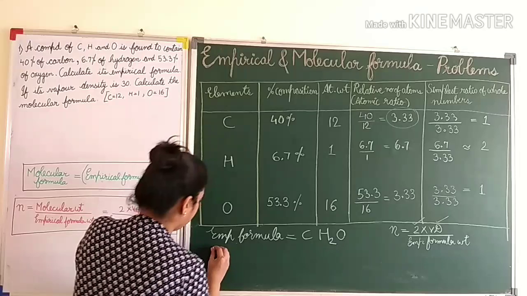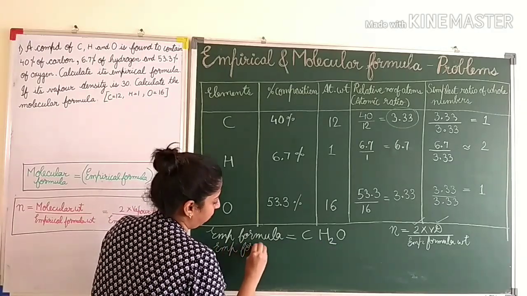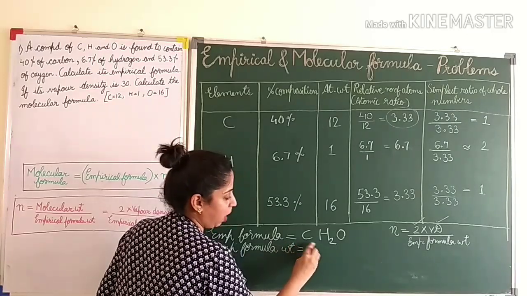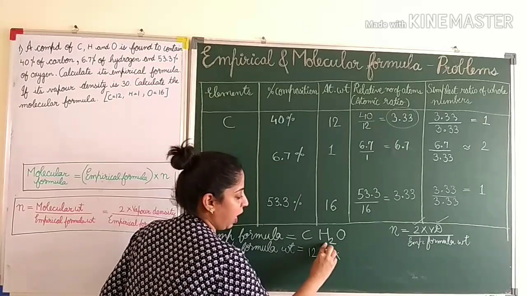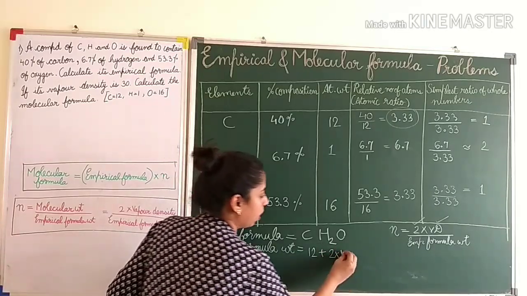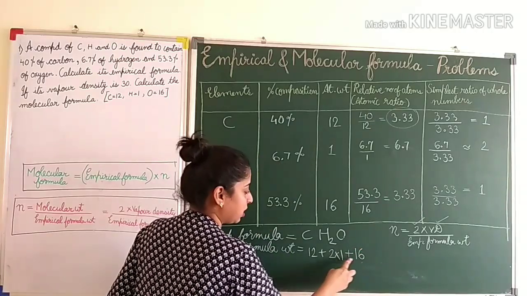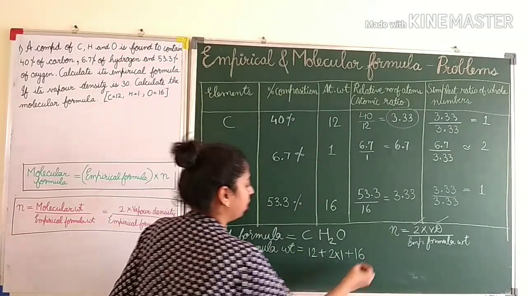So first we will calculate empirical formula weight. Now see, this is empirical formula. So what will be empirical formula weight? Empirical formula weight will be weight of one carbon, that is 12, plus 2 into weight of one hydrogen, that is 1, plus weight of oxygen, that is 16. So 16 plus 2 is 18, 18 plus 12 is 30.